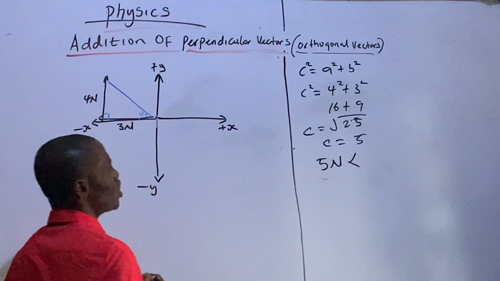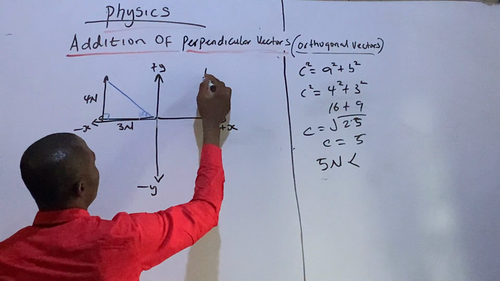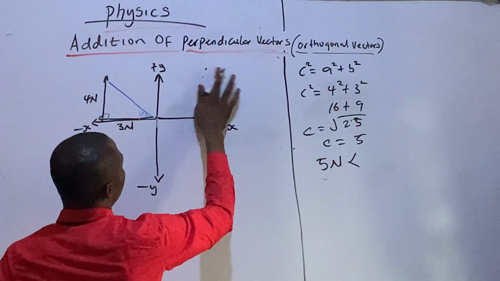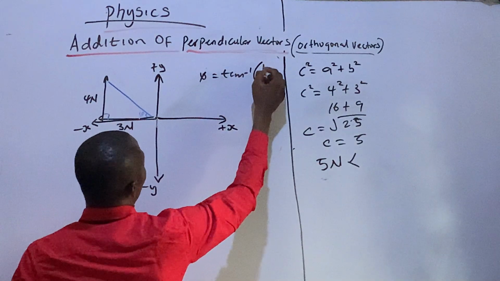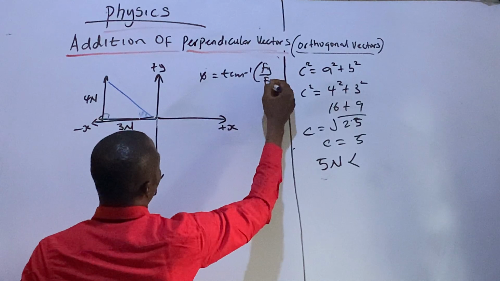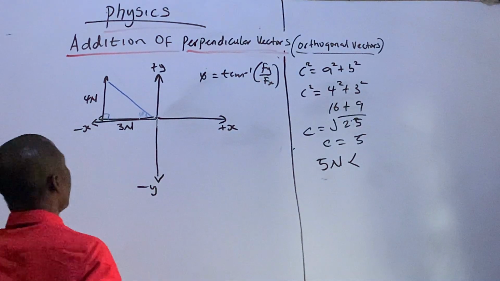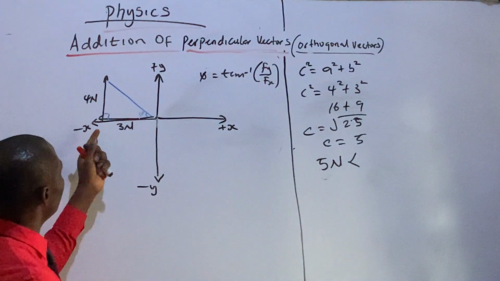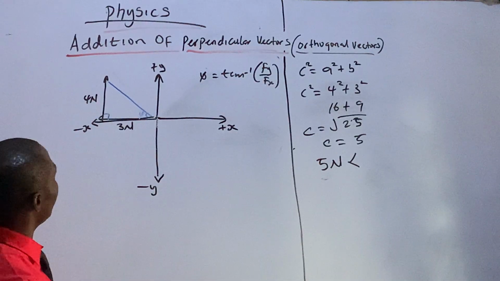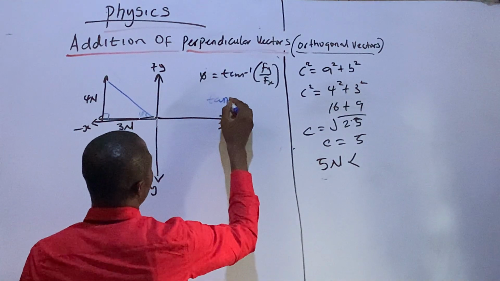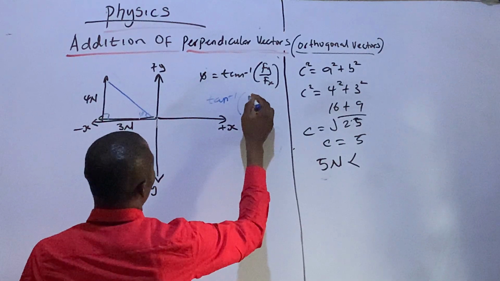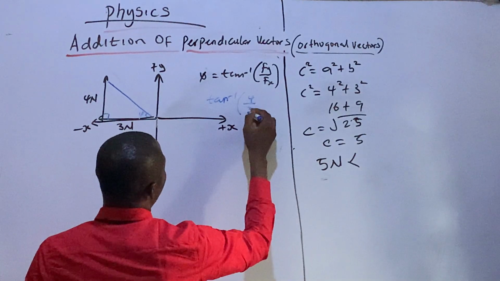Now, directed at what angle? Now, for the angle, theta is equal to the tan inverse of the F of y over the F of x. Now, look at this. The F of y is 4 Newton. So the answer is the tan inverse of 4 divided by 3.